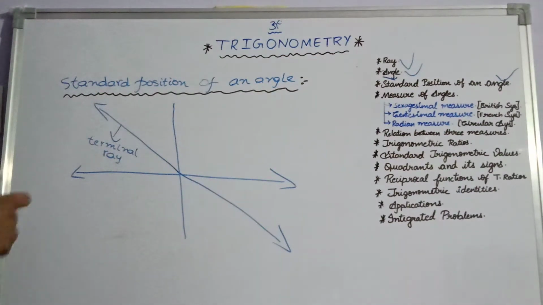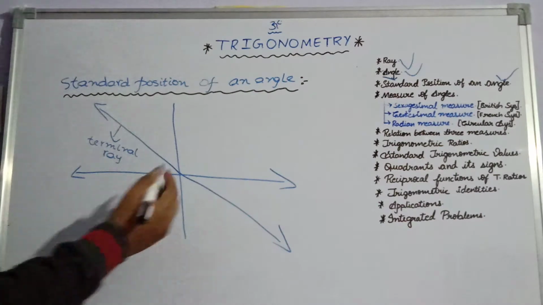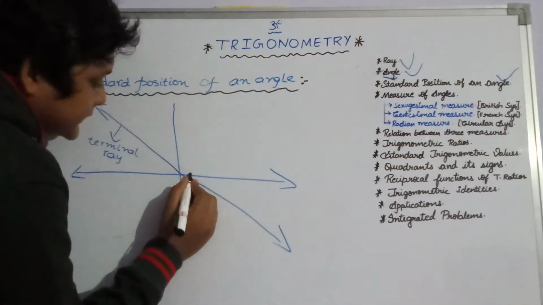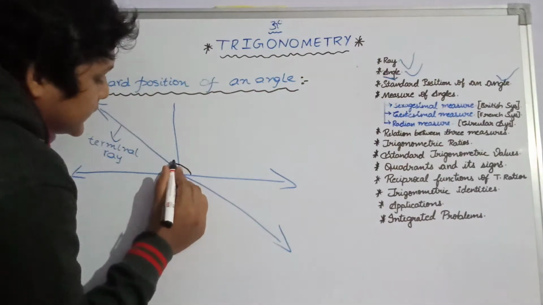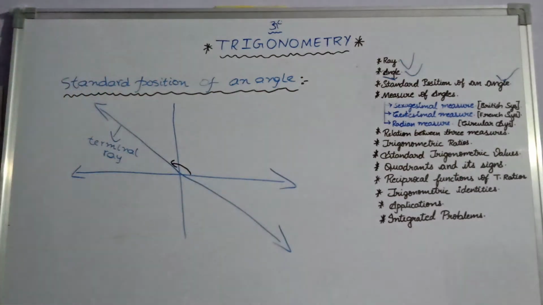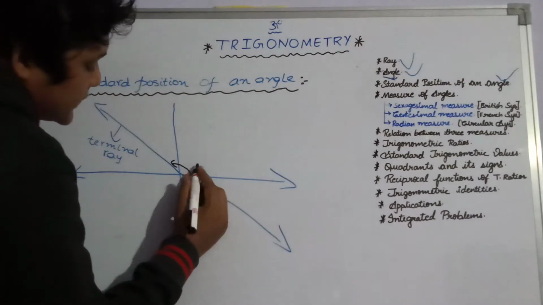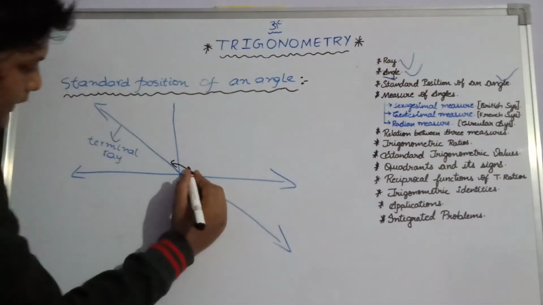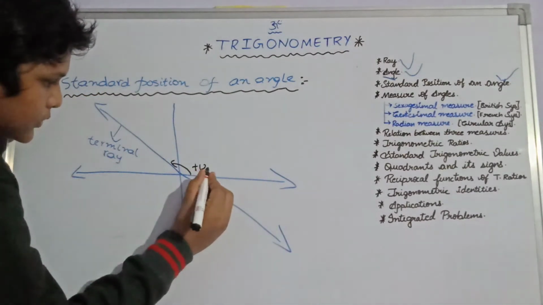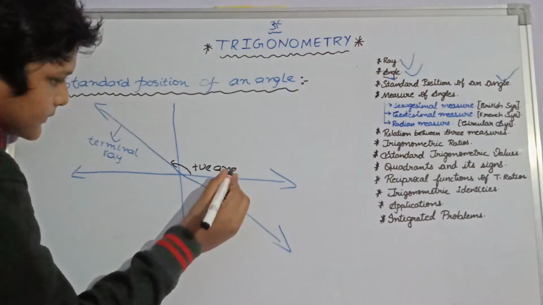An angle is said to be positive when it is subtended from the x-axis to the terminal ray, on the positive side of the coordinate system, which is anti-clockwise. Then it is said to be a positive angle.